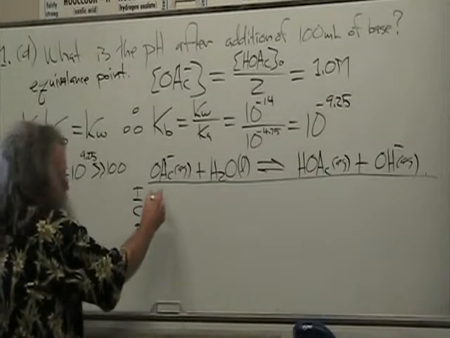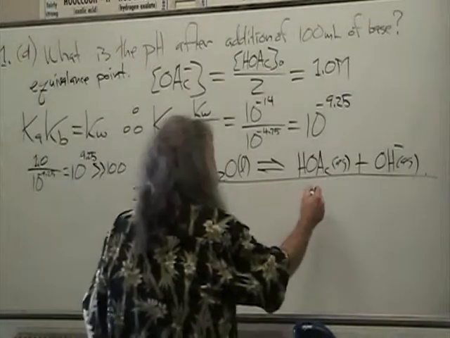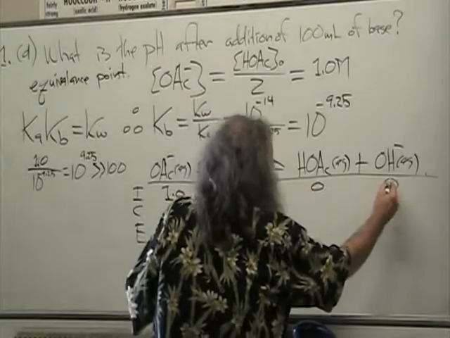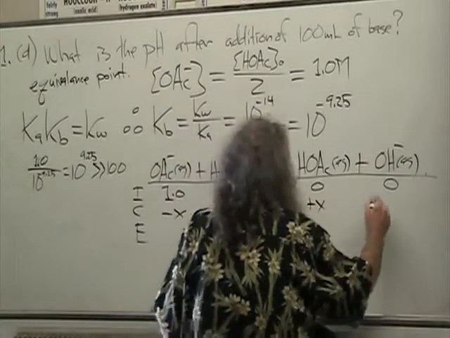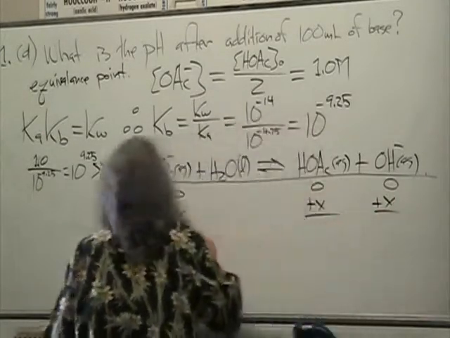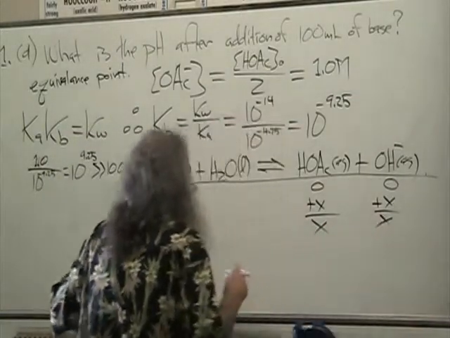What goes here? 1. Here? 0. Minus x. Plus x. 1 minus x.